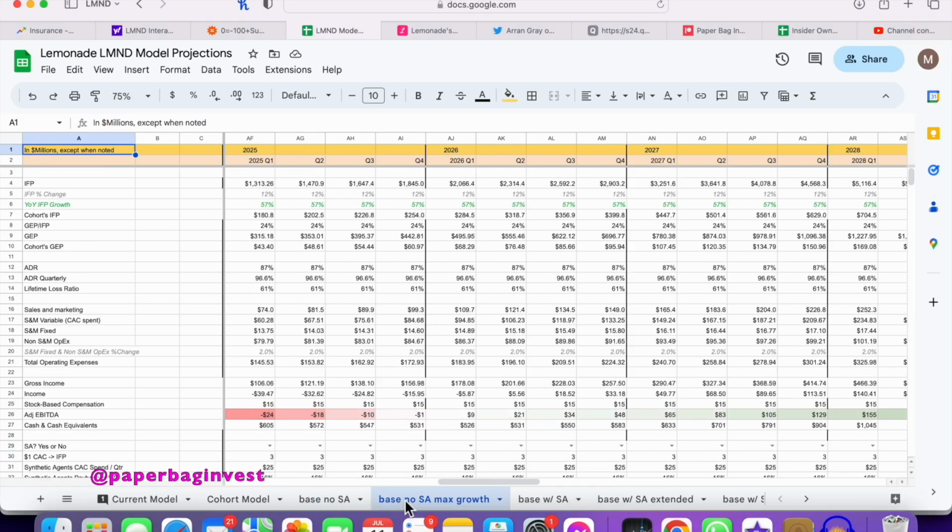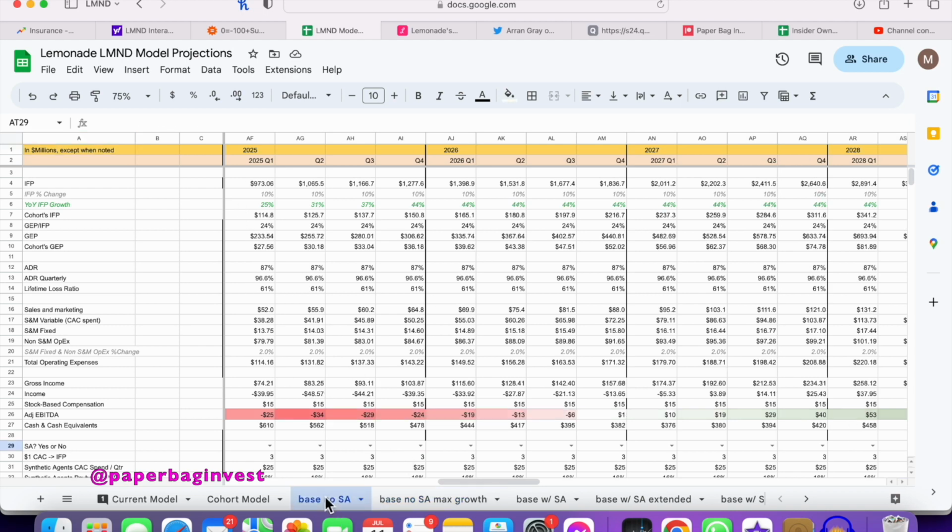Okay, next we're going to look at the base case again, with no synthetic agents, but maximum growth, as if LMND just cranked up the growth themselves. In the third quarter of 2027, we're at 4 billion in IFP as opposed to 2.4 billion. So they just really crank up the growth. And you can compare the same time point between the two models.